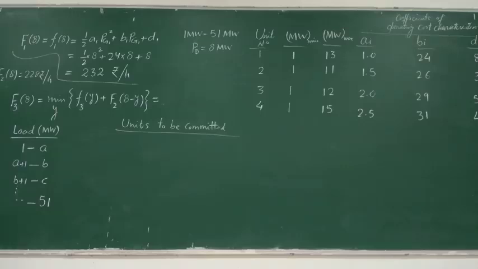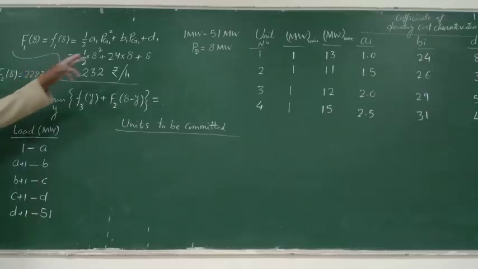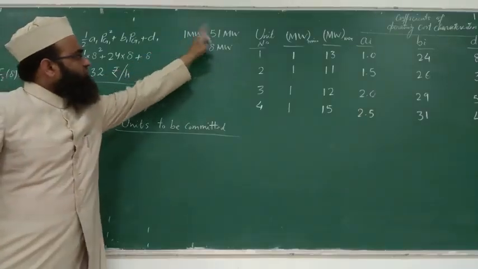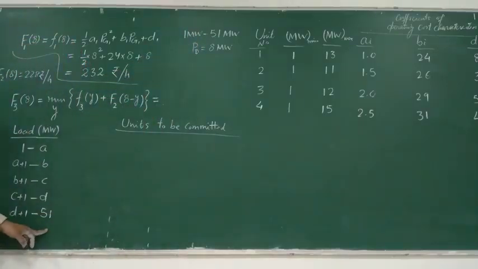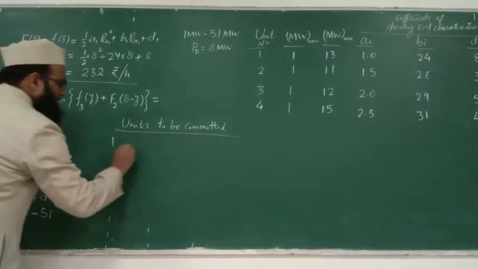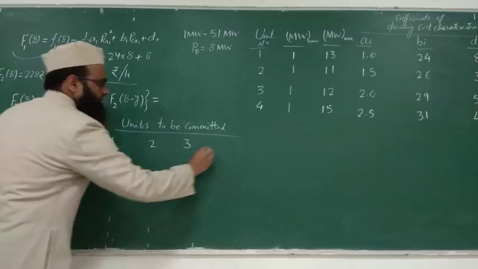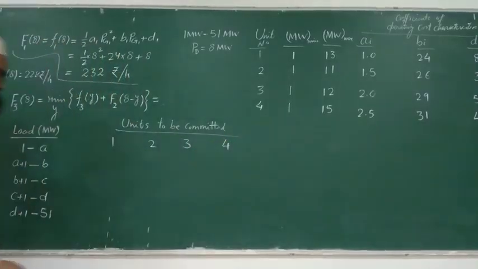Okay, let us say we are getting 5 combinations of such. So B plus 1 to C, C plus 1 to D, and D plus 1 to say 51. As of now, we just know that this first value is 1 and the last one will be 51. Suppose these were units 1, 2, 3, 4.